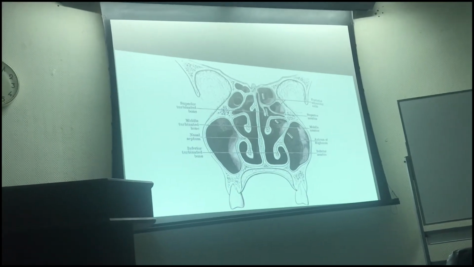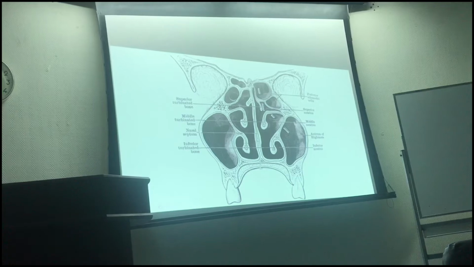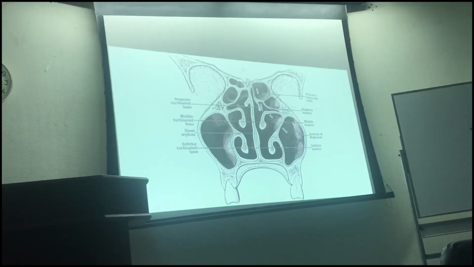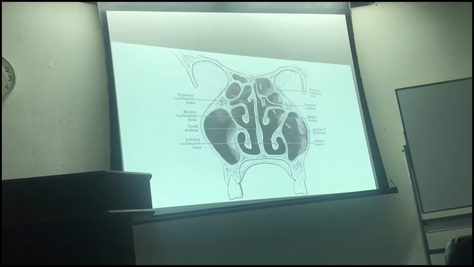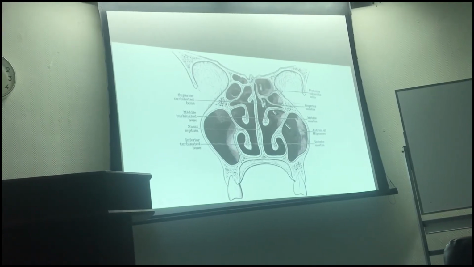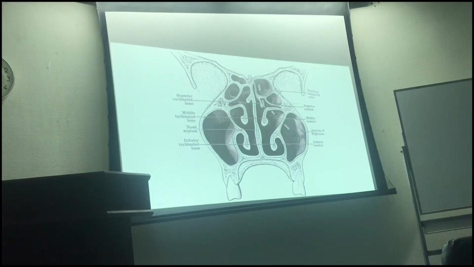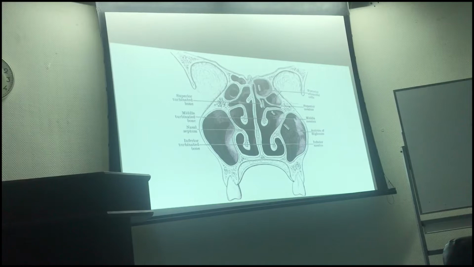The two nasal cavities are separated by the nasal septum. This is one nasal cavity, and this is the other. The nostrils are small, but when you go in, the cavity is much bigger and larger.